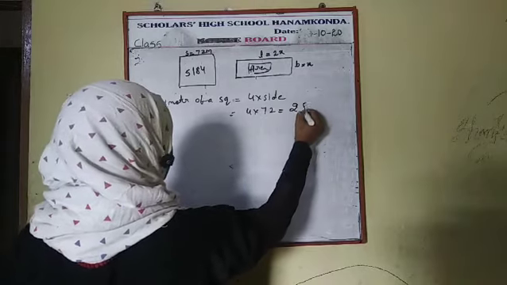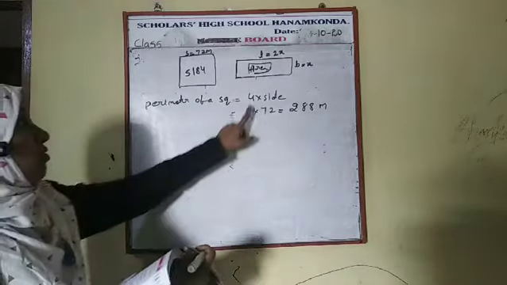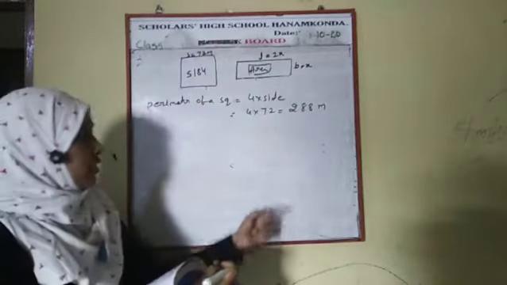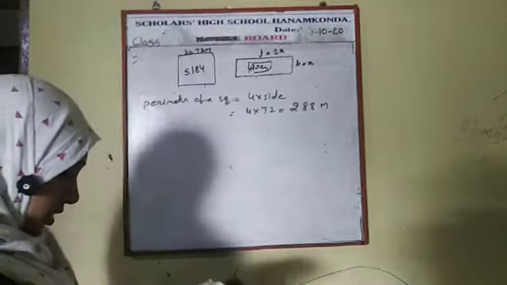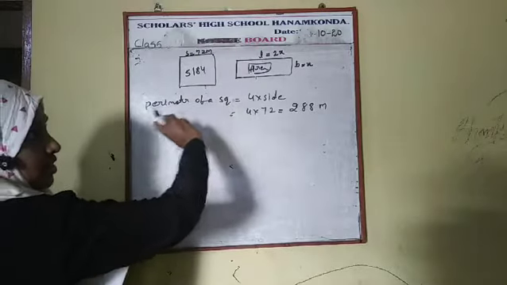That is 288 meters. 4 into side, that is 72, which we already found. That is 4 into 72, that is 288. Now next. Now the total square simplification is completed.